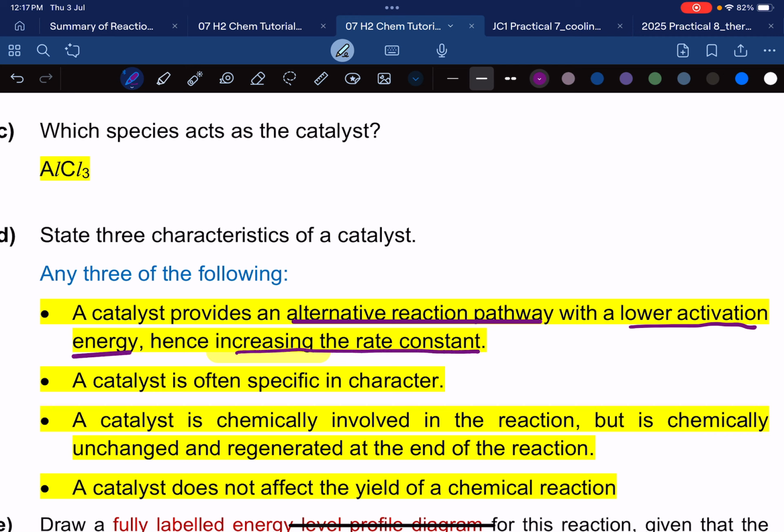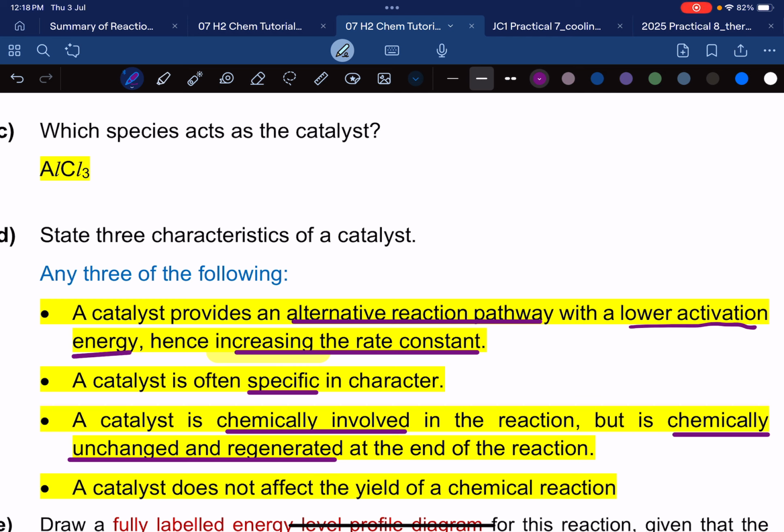The last part here is frequently left out in many students' answers. Second, a catalyst is often specific in character, so it only works for a particular type of reaction. Third, a catalyst is chemically involved in the reaction, but it is chemically unchanged and regenerated at the end of the reaction.